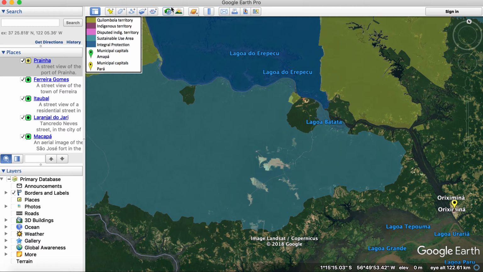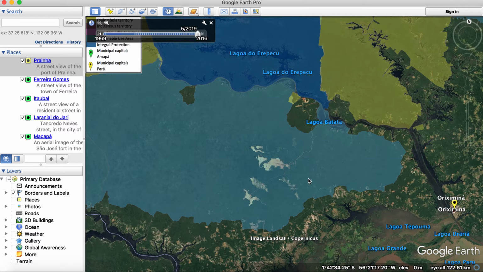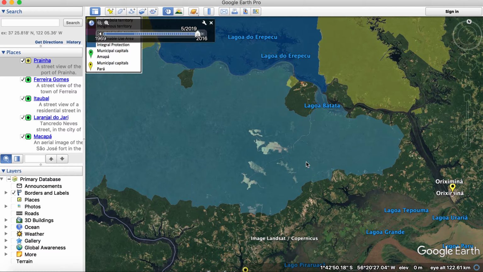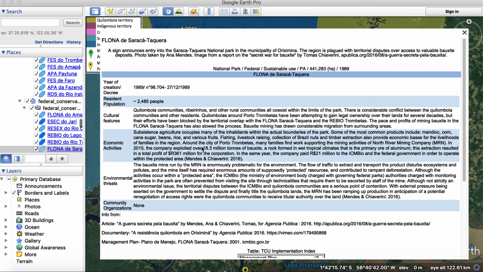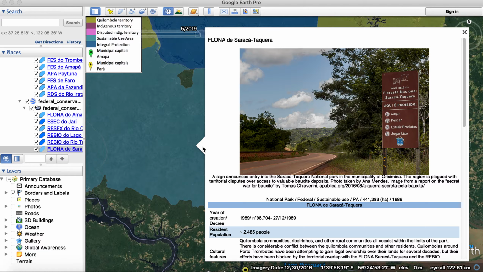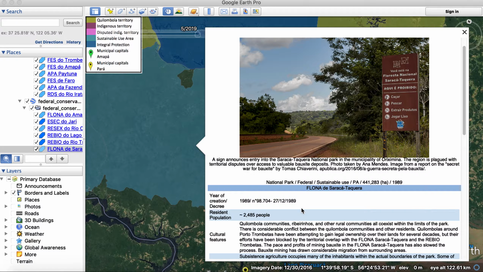This is the time lapse. See this little button up here? This time lapse allows us to look at satellite imagery all the way back to 1969. Here we're looking at the Saracataquera National Forest Reserve. This forest reserve is a sustainable use protected area, but it's very interesting because it's actually home to Brazil's largest bauxite mine.